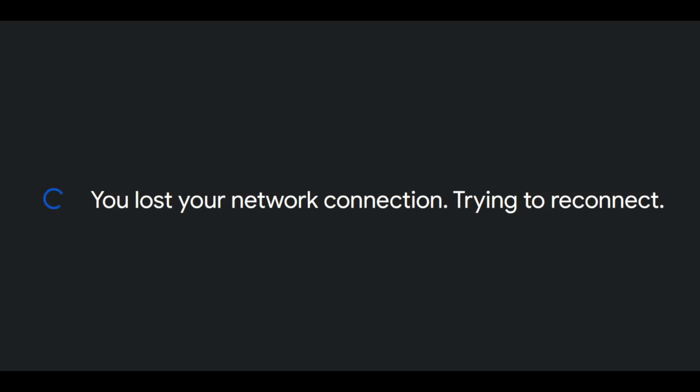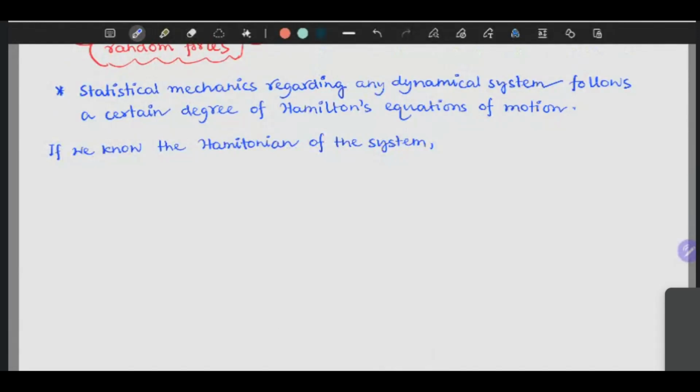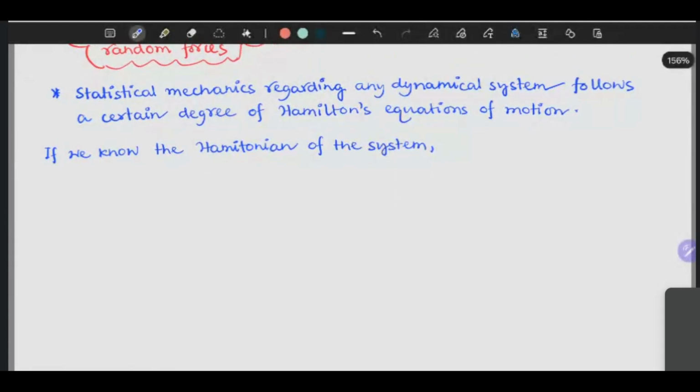So if you know the Hamiltonian of the system, then you can easily talk about its time evolution.